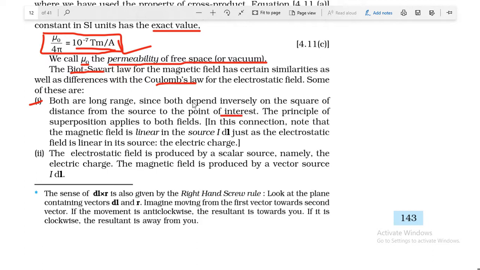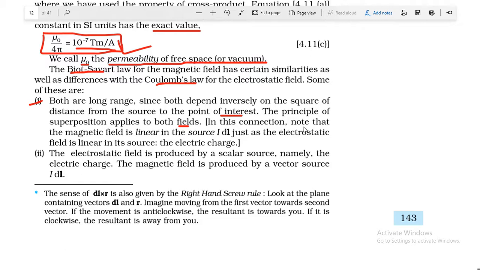The electric field is proportional to 1 by r square, and the magnetic field is again proportional to 1 by r square. And the principle of superposition applies to both fields.